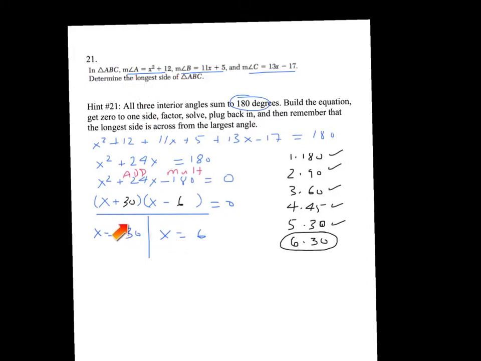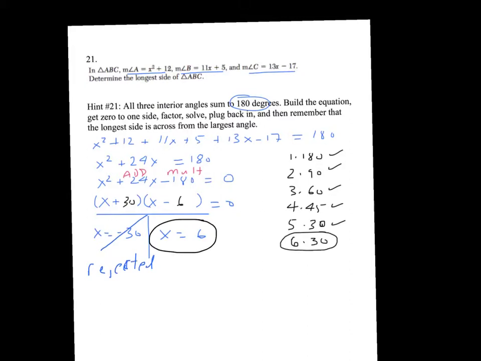If I plug in negative 30 to 11 times negative 30 plus 5, that'll give me a negative answer. So I know that this answer here must be rejected because it's not giving me an answer that makes any sense. So 6 must be the true answer for x.